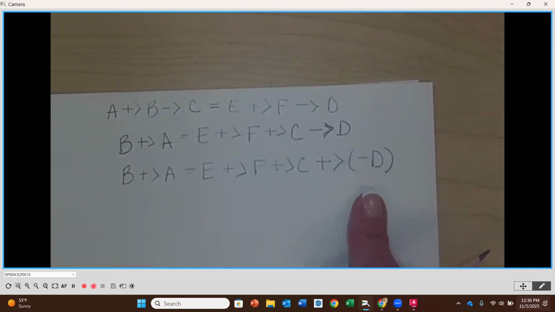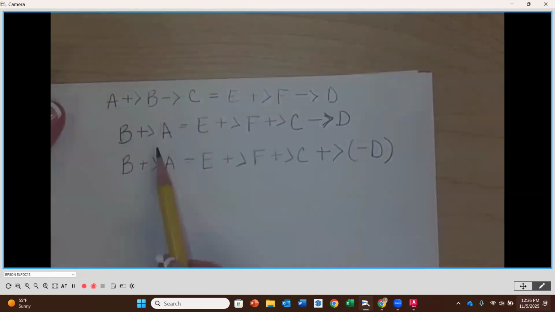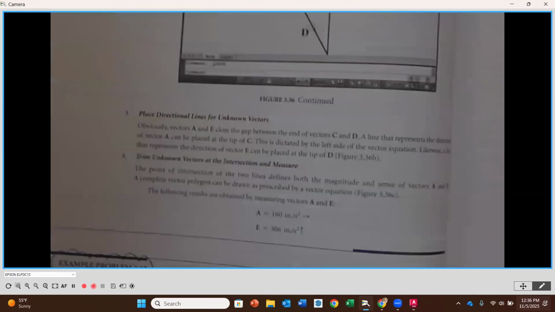Okay, so make sure that you rewrite that so that there's parentheses so that you have the plus the negative D in this case. So this is going to be the equation that we are going to work with in CAD. Okay, so let's go back over to CAD and get our vectors all set.